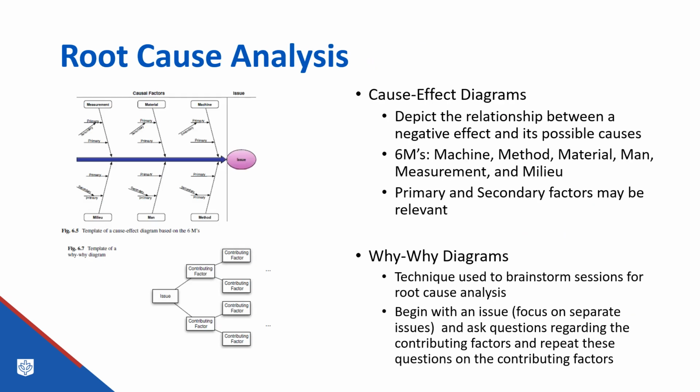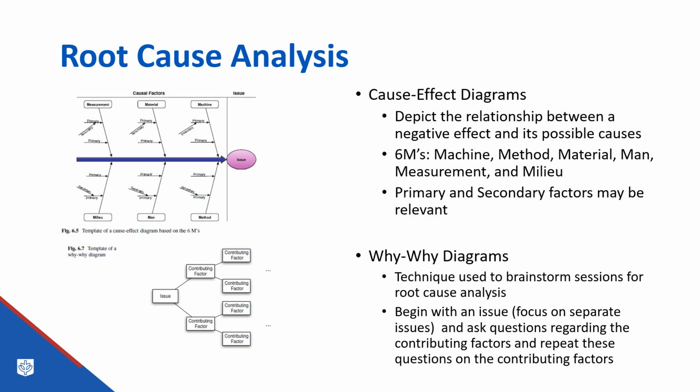For root cause analysis, there's cause and effect diagrams which depict the relationship between a negative effect and its possible causes. There's also the six M's that are considered, which are machine, method, material, man, measurement, and milieu.